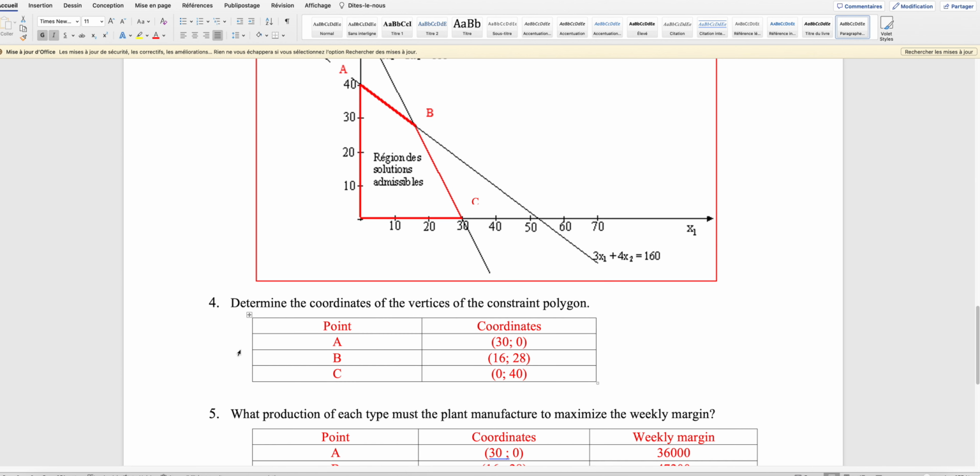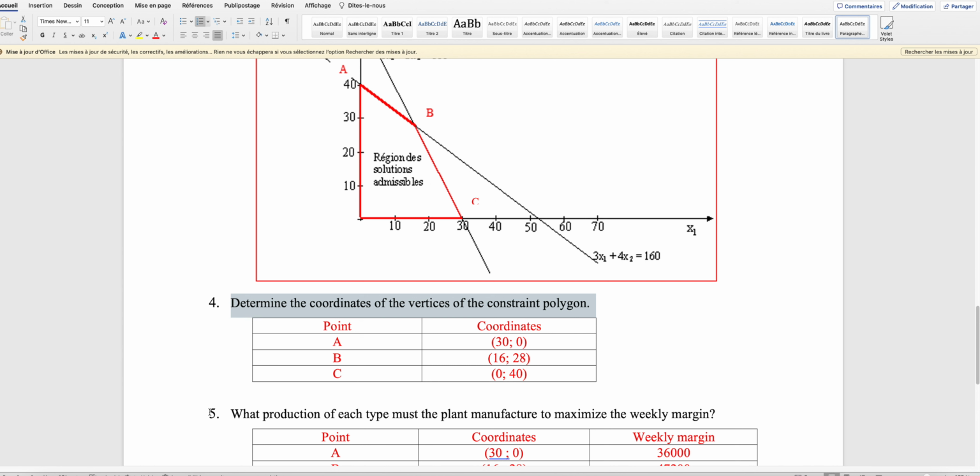In the fourth question, we determine the coordinates of the vertices of the constraints polygon. For the point A, 30 and 0, B, 16 and 28, C, 0 and 40.